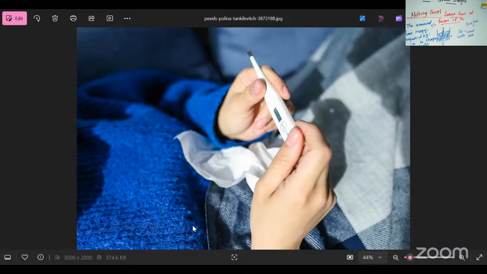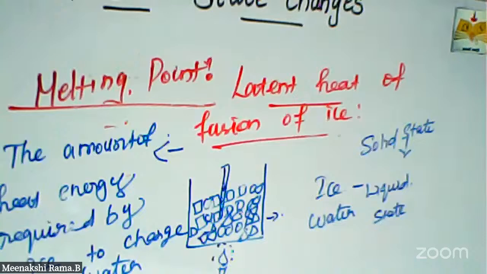This is a thermometer. This thermometer indicates our body temperature level. Do you know what is the normal temperature of our body? Yes, the human body temperature is 37 degrees Celsius. So this is the information for you, the temperature level of our body.